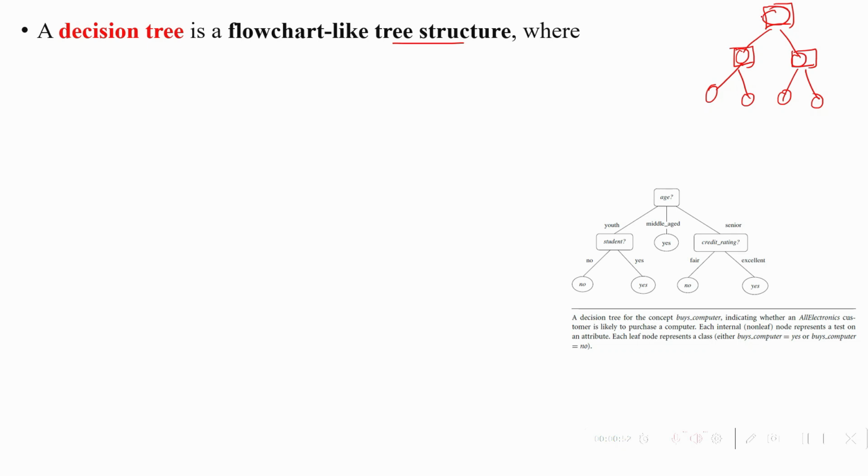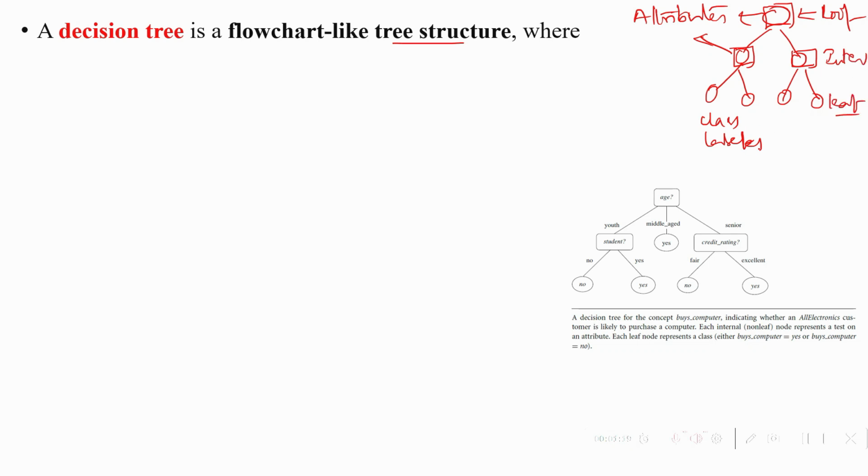The root node and the intermediate nodes correspond to the attributes, whereas the leaf node contains the corresponding class labels. So this is called a root node, this is called an intermediate node, and this is called a leaf node.